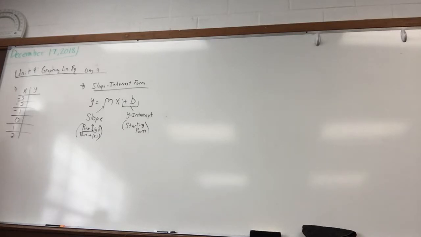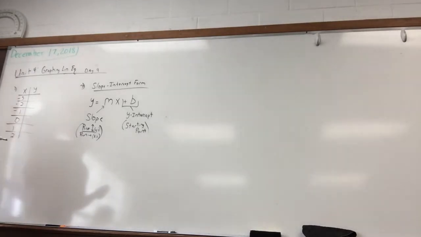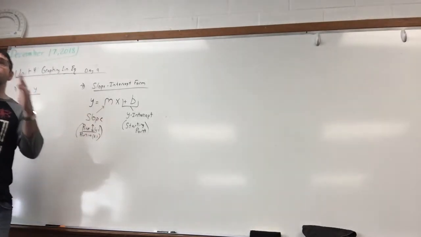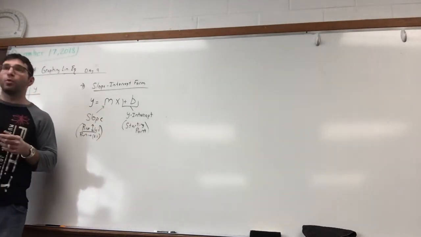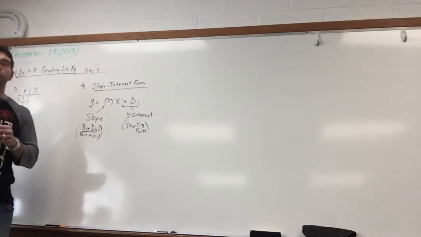It's the part on the graph when you're on the y-axis. Okay, it's the point where you start. So it's the place where the graph would cross the y-axis. Okay, intersects is a good word. That's the word that I'm looking for. Y-intercept means this is where it's intersecting the y-axis. So we have slope, we have y-intercept.